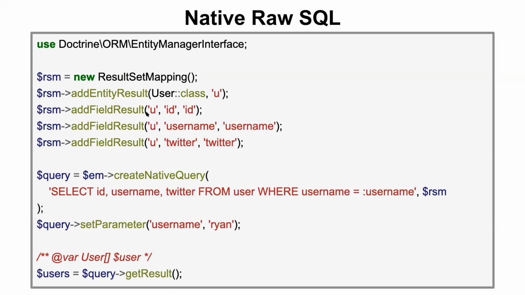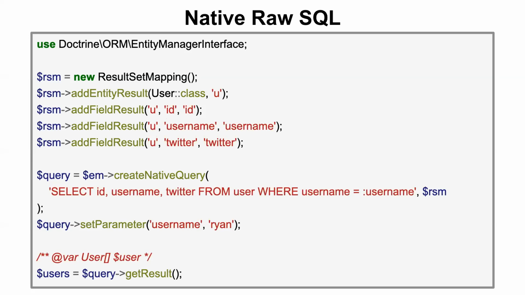I'm basically mapping with these methods that say the u alias in here is the User class, and the u.id column gets mapped to the id property in the User class. So I basically have to explicitly tell Doctrine exactly what to do with the columns that come back from this query and which properties of the entity to put them in.